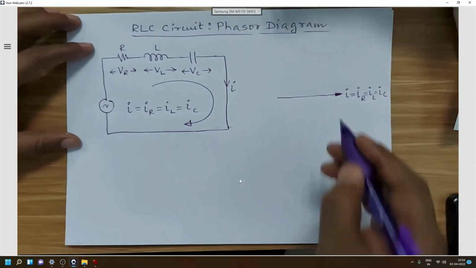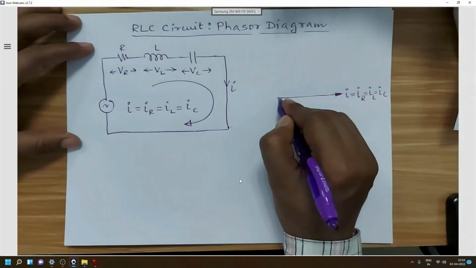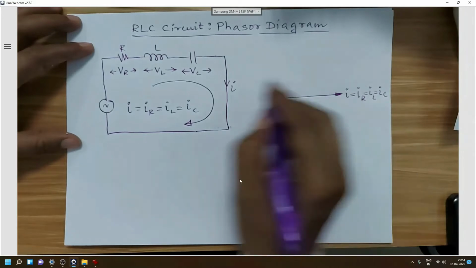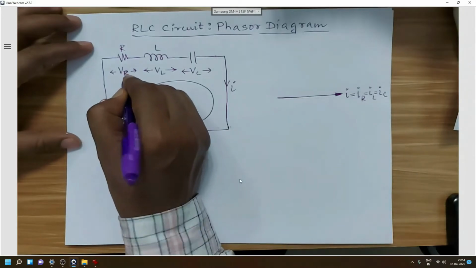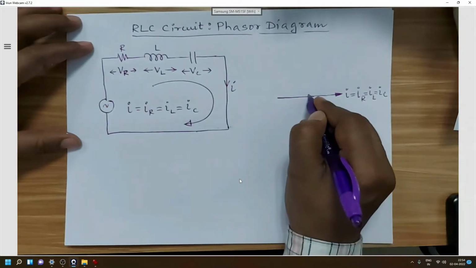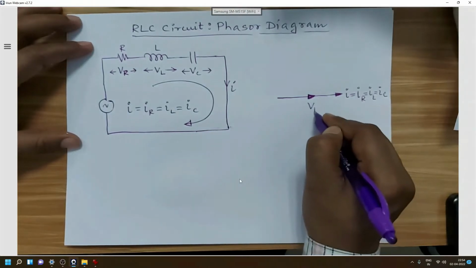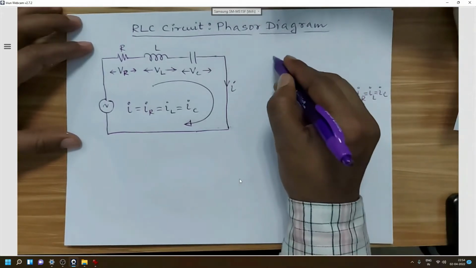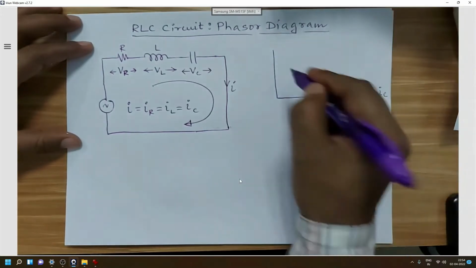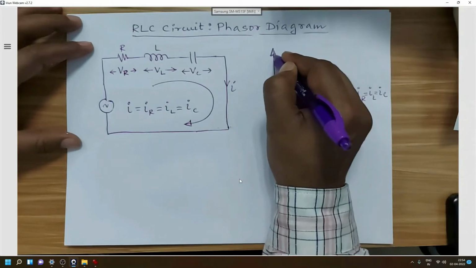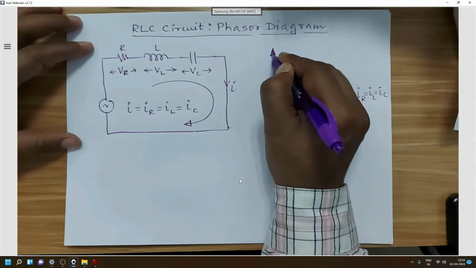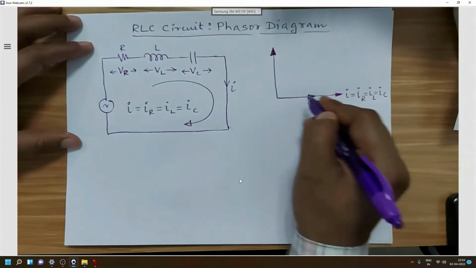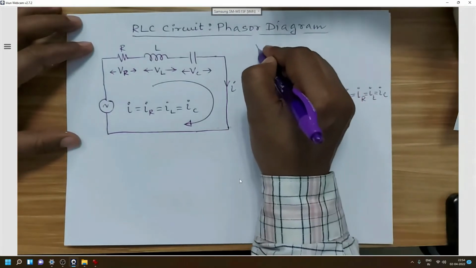If we want to draw the phasor of voltage drop across R, we have to draw it in the same phase. So VR will be in the same phase with I. VL will be found as a leading vector over the current. So this will be VL.